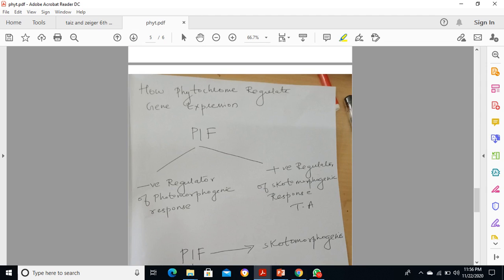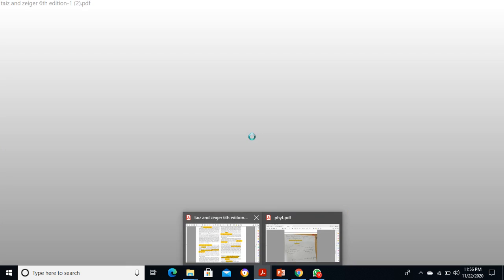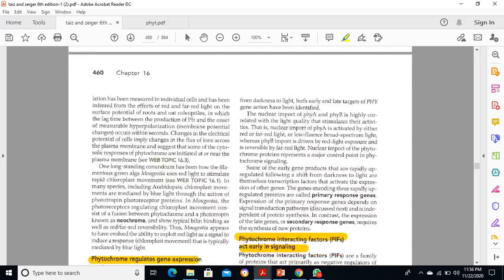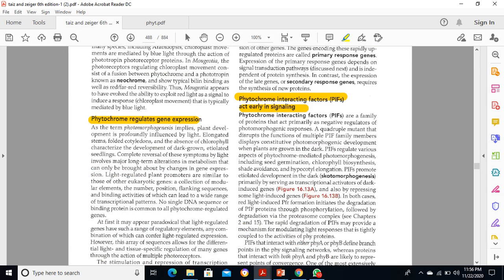Now, I told you that phytochrome regulates gene expression. Actually, how does phytochrome regulate gene expression? That is the thing we are going to discuss now. You have to study about PIF. PIF is phytochrome interacting factor.